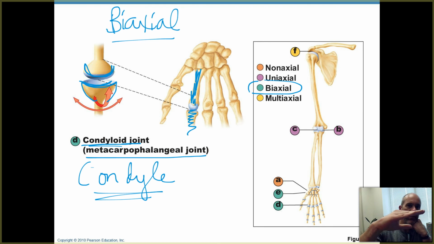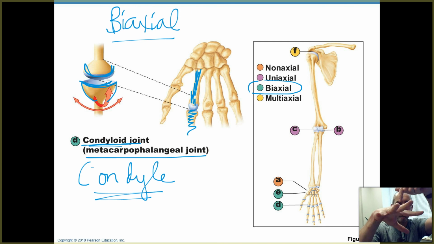So let's think about the motions you can do with your knuckles. You can go up and down like that, and you can go like this. You can move the bones that are articulating there from side to side. So up and down, side to side. When you're going side to side, imagine an axis like this passing through the top of the knuckle.